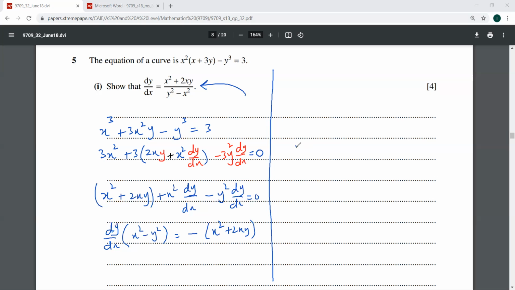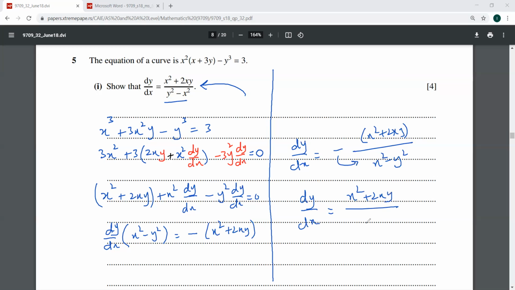So finally we have this dy by dx, that is minus of this x square plus 2xy over this x square minus y square. You have y square minus x square over here, so you multiply this minus inside here. So you have that required form. So that is your x square plus 2xy over y square minus x square. Okay? So we got the required result here.